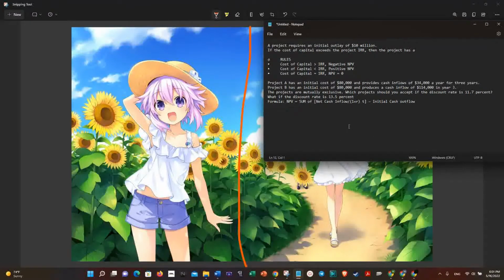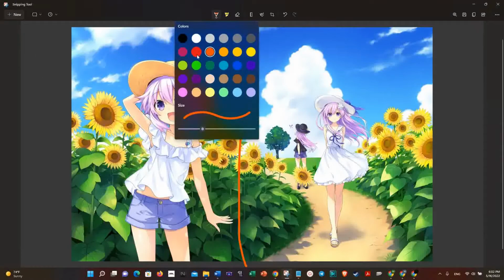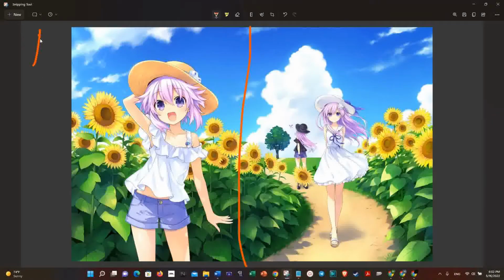All right, so the formula here is the NPV formula again, because we don't love ourselves apparently. So let's get the NPV of project A at 11.7%.